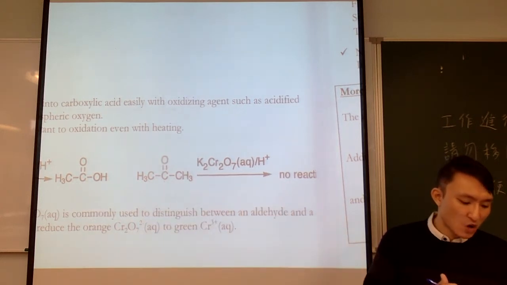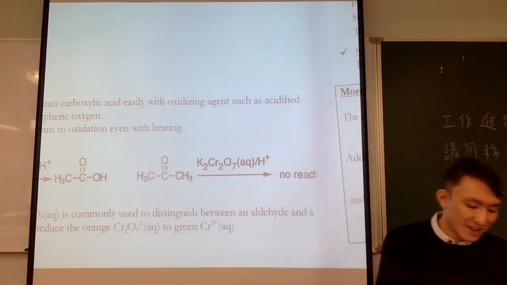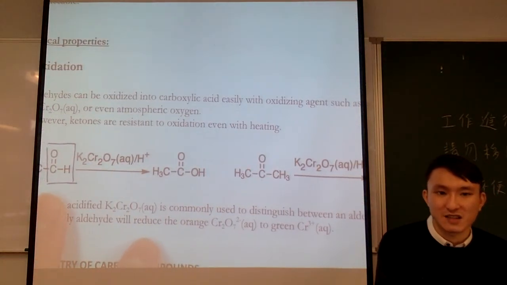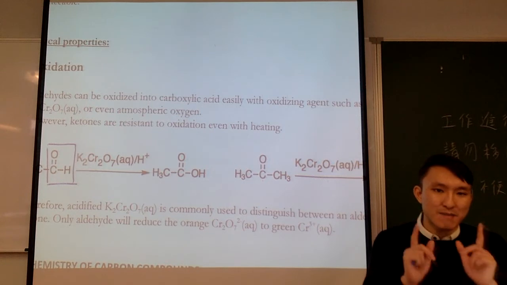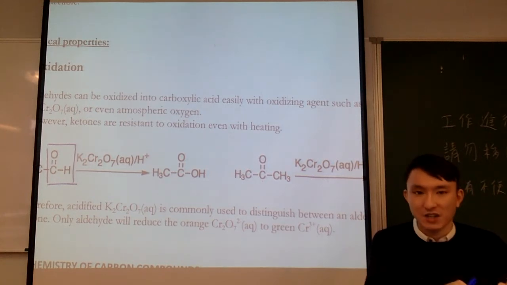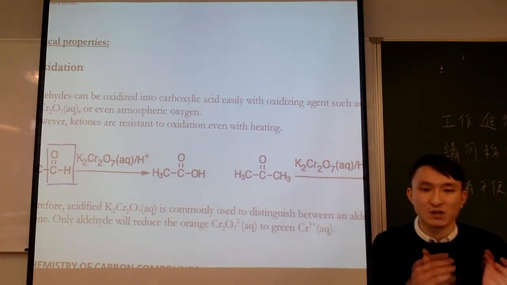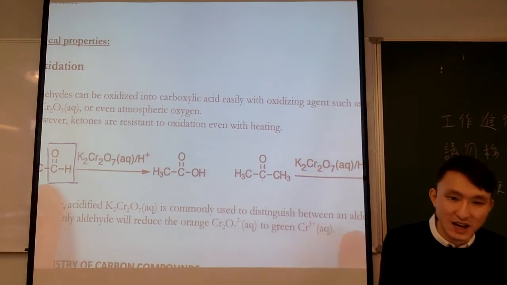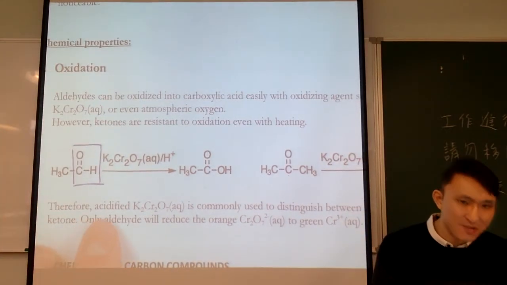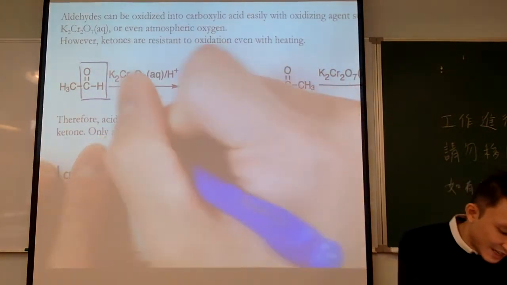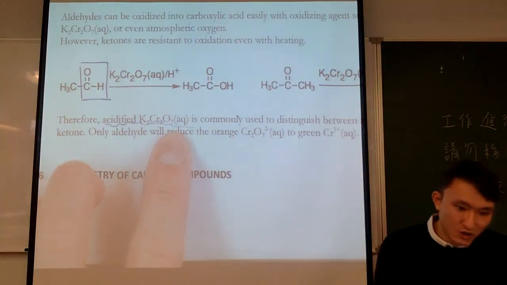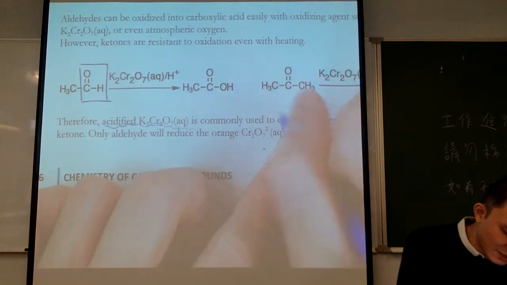You realize that aldehyde does undergo oxidation, but ketone does not. So that makes this particular reaction a very good reaction to distinguish between aldehyde and ketone. You see down here, we say that acidified potassium dichromate solution is commonly used to distinguish.